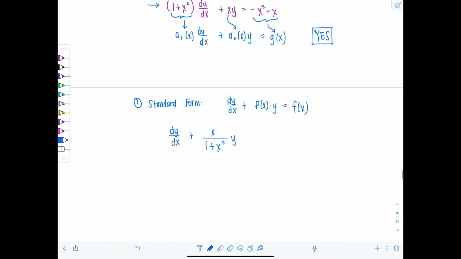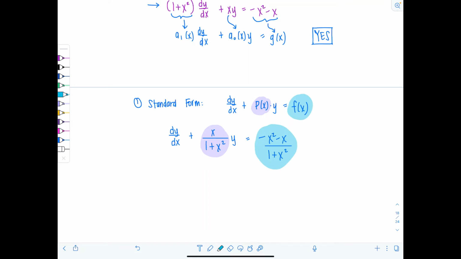You see what I'm doing? And then that equals negative x squared minus x over 1 plus x squared. So now notice, p of x is right here, x over 1 plus x squared. And then f of x is here on the right-hand side, negative x squared minus x over 1 plus x squared.